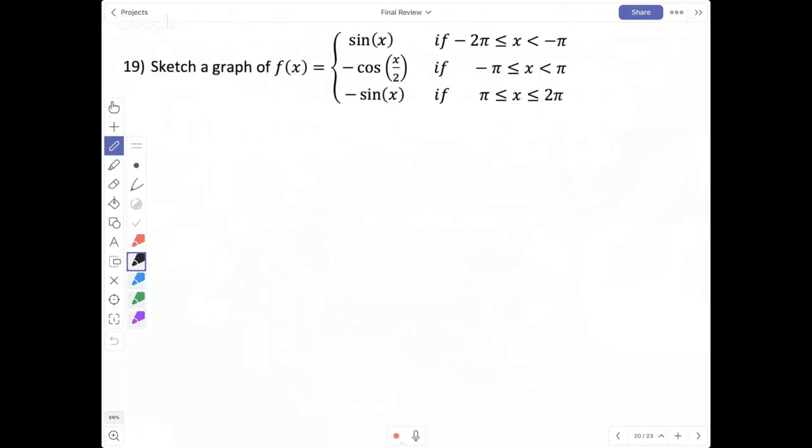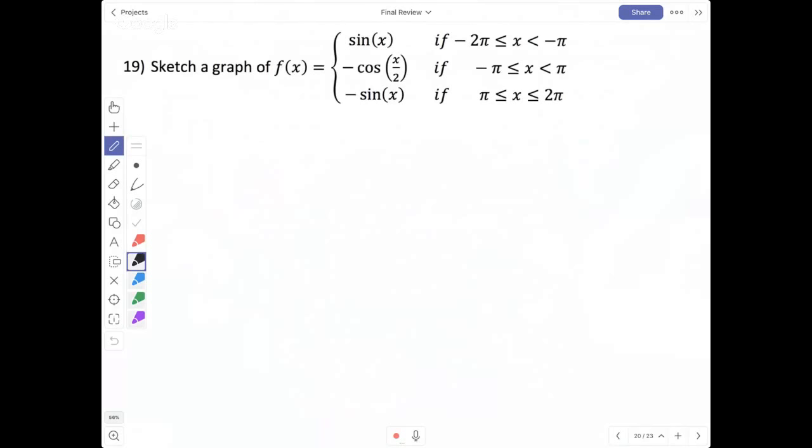Then on negative pi less than or equal to x less than pi, we've got negative cosine of x over 2. And then lastly, pi less than or equal to x less than or equal to 2 pi, the function is negative sine of x.